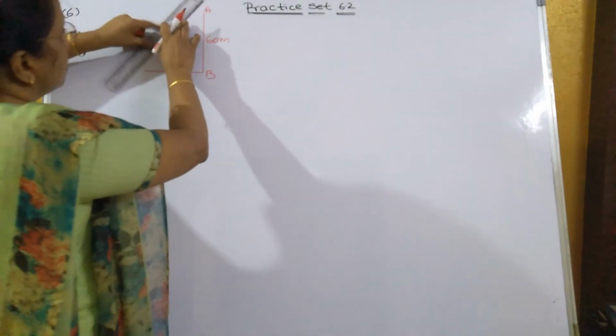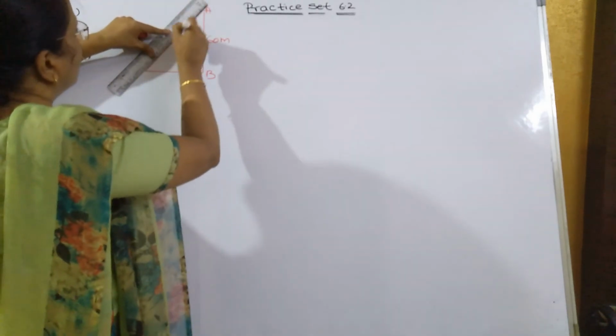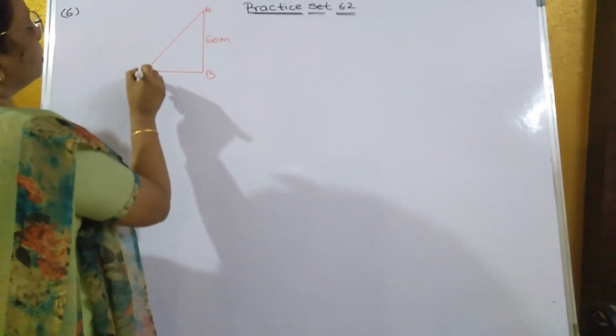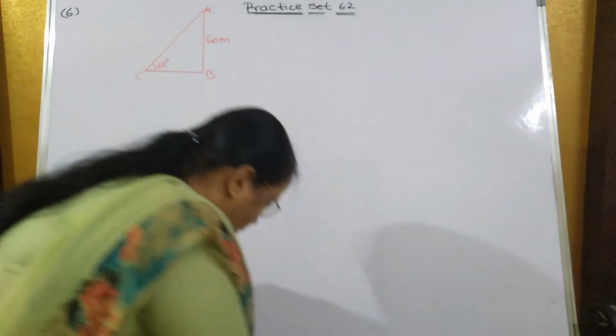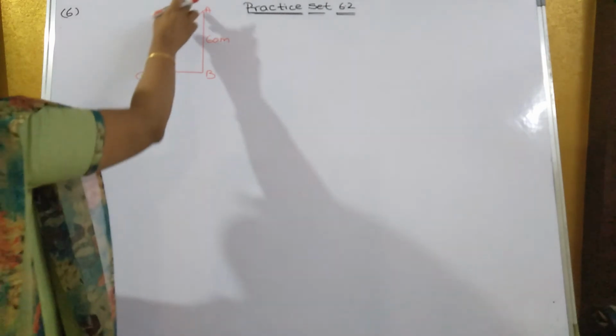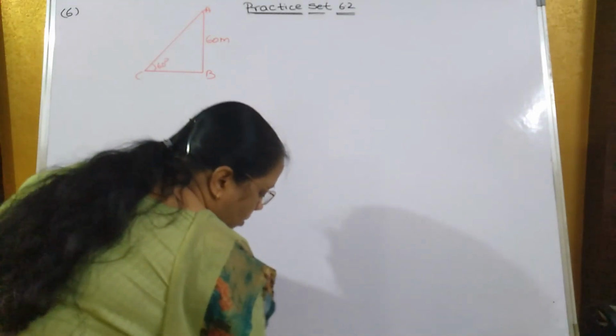So this is a string which is attached to the ground and makes an angle of 60 degree with the ground. We have to find the length of the string. So over here, what is AB?